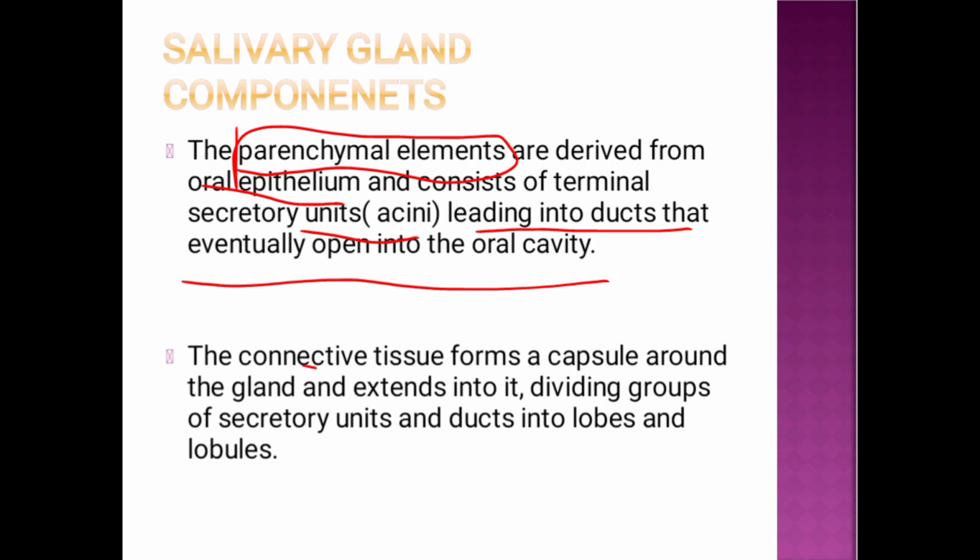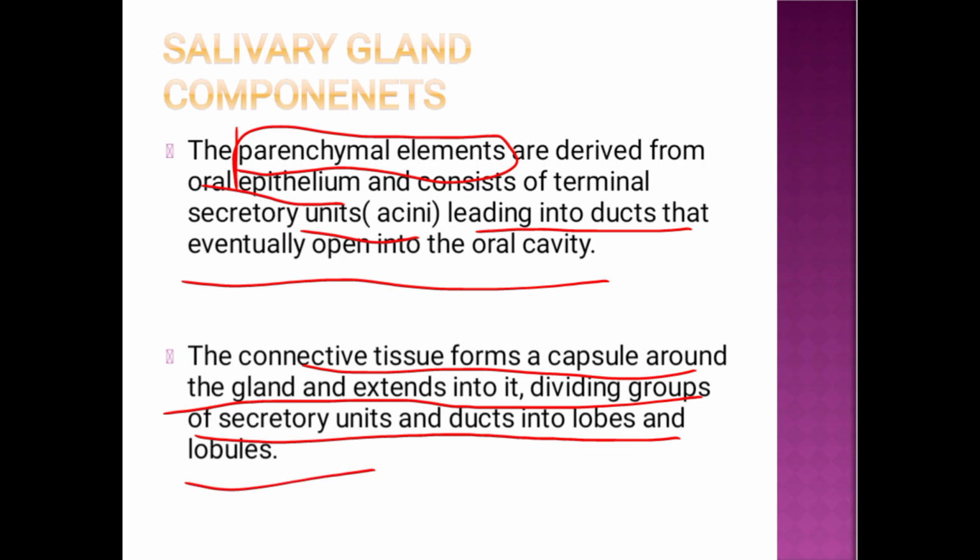The connective tissue forms the capsule around the gland, which extends and divides groups of secretory units and ducts into lobes and lobules. Very important. In connective tissue you have the capsule.